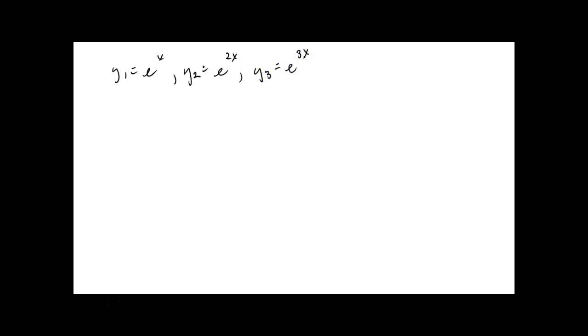Not that the subscripts have anything to do with it, it just happens to be that way. Now, those are linearly independent functions. So therefore, they will satisfy some third order equation.